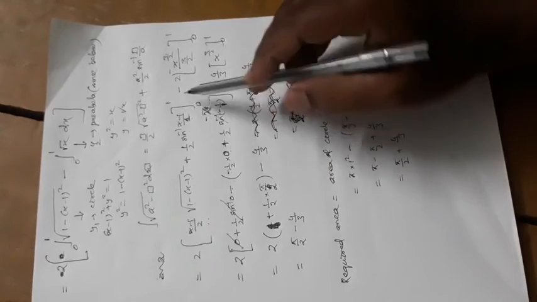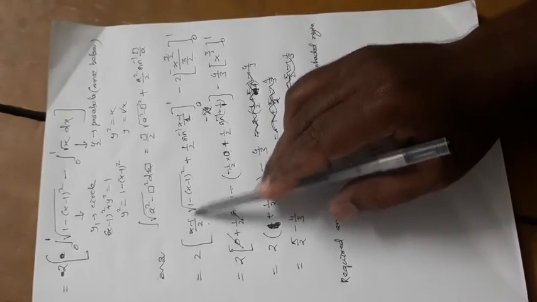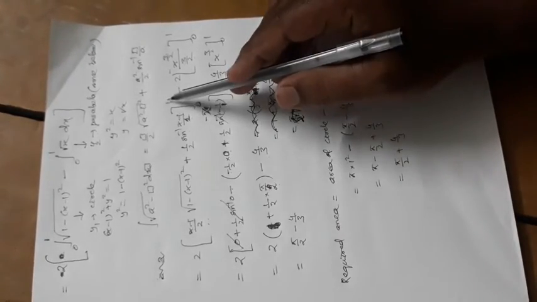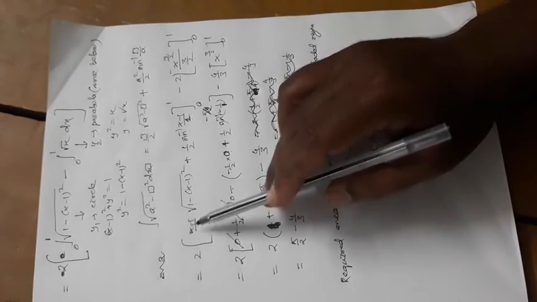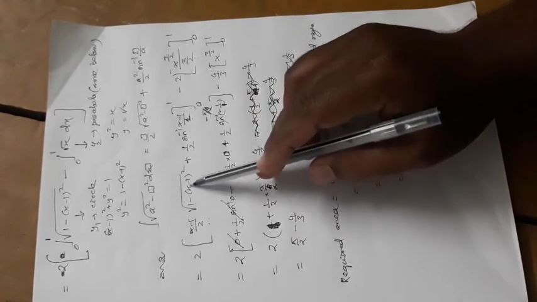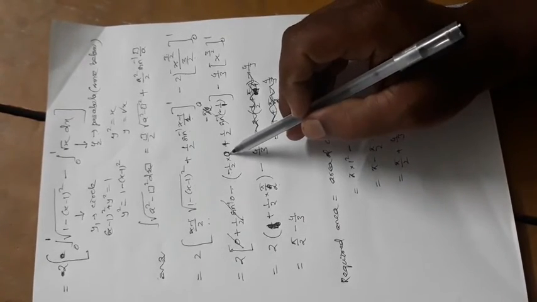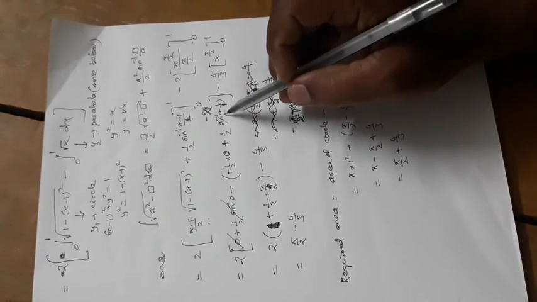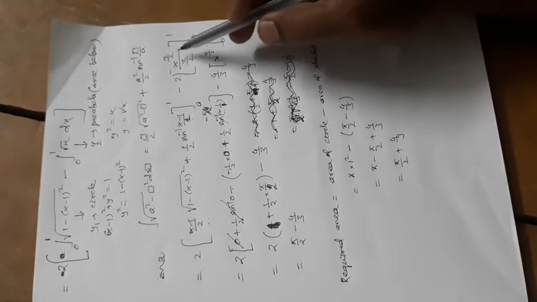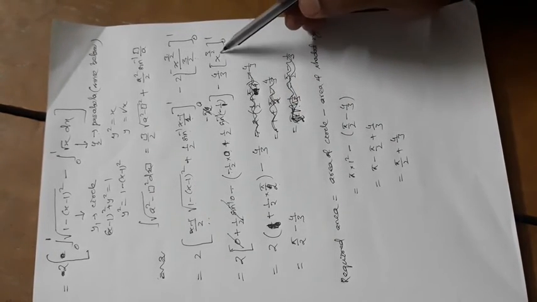When you put the upper limit, this part becomes 0. When you put 0 here, it also becomes 0. Plus half: when you put 0 here, it becomes sin inverse of minus 1. And in place of 4 by 3 x to the power 3 by 2, you put 1 first, then subtract 0.